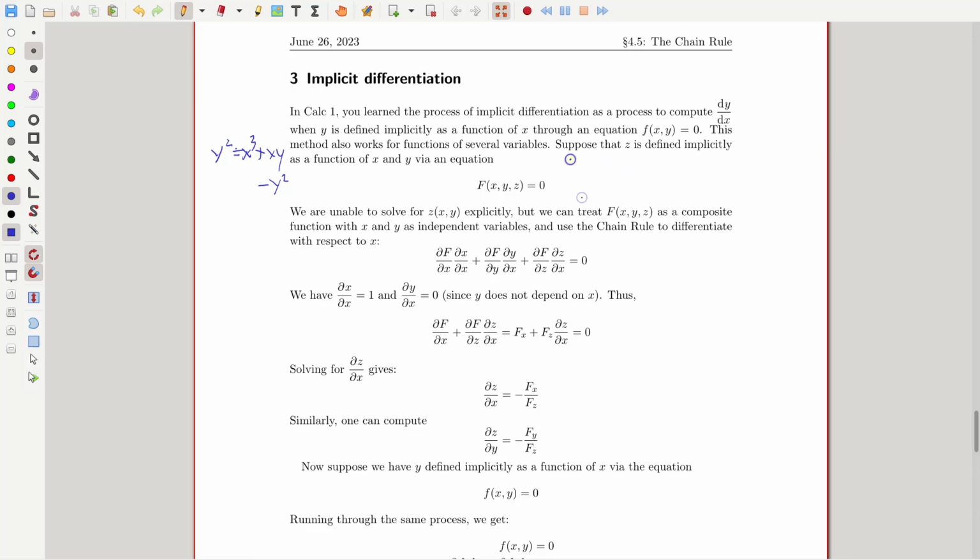So in this higher variable case, say that you have f of x, y, and z, a relationship between these three variables, and you're trying to think of z as a function of x and y, although you're not able to solve for z explicitly. Well, what you are aiming to do is say compute dz dx, or dz dy.